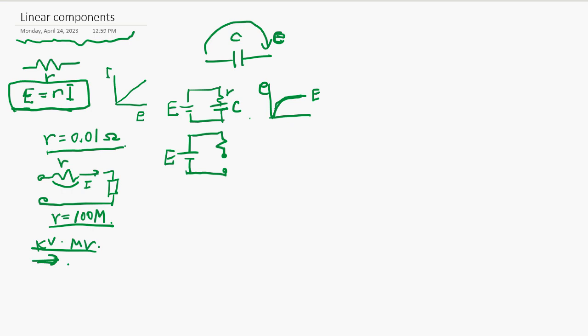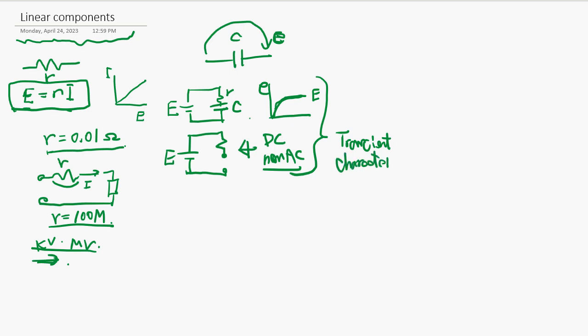So what happens to the voltage-current characteristic around the capacitor for this kind of voltage, the DC or non-AC, any other voltage, is called the transient characteristic.